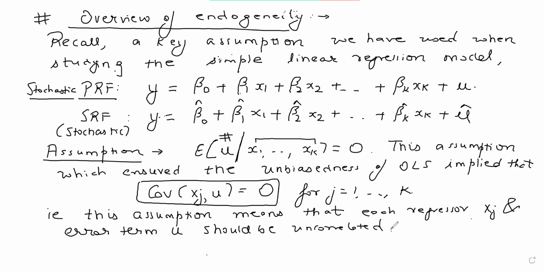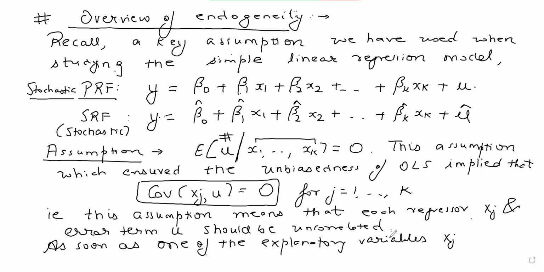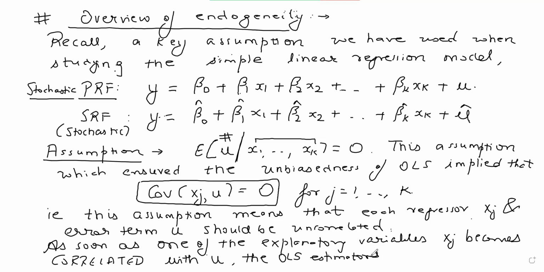So as soon as one of the explanatory variables xj becomes correlated with the population disturbance term u, the OLS estimators, that is the beta j hats, will be biased and inconsistent.